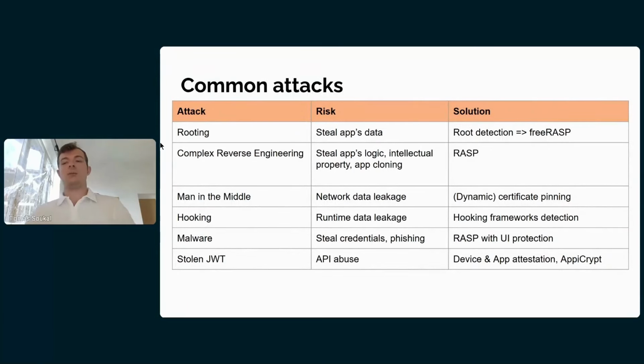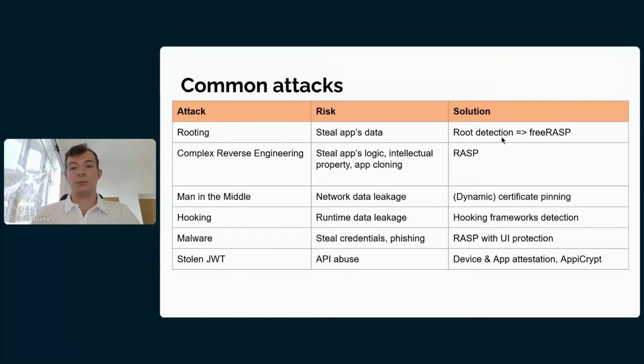So, as an overview, because we are nearing the end, I have a generic table that matches attacks, risks, and relevant solutions. For rooting attack, where the risk is stealing of your application's data, you may use some root detection library.